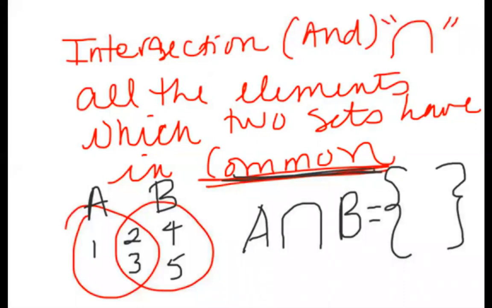What elements do you notice in both sets? The elements that appear in both A and B would be the 2 and the 3. And guys, that's it. 2 and 3 would be the intersection of the two sets. So what does this have to do with inequalities? Well, let's go ahead and look.